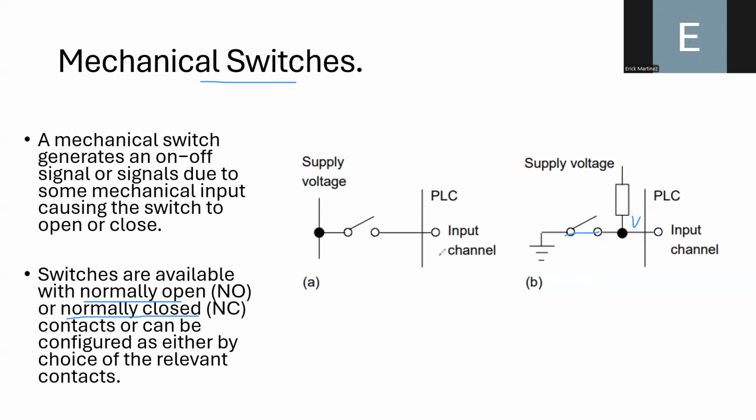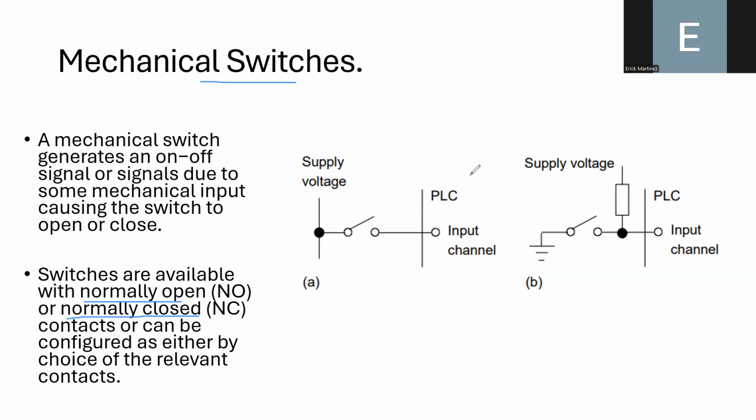And on the left side, you can see that the input of the PLC is not connected to anything until you close the switch, and then the input is connected directly to the power supply. There are different behaviors there, but you don't need to worry too much about these aspects right now. The main idea is that this switch is a type of sensor that you can use in the PLC.